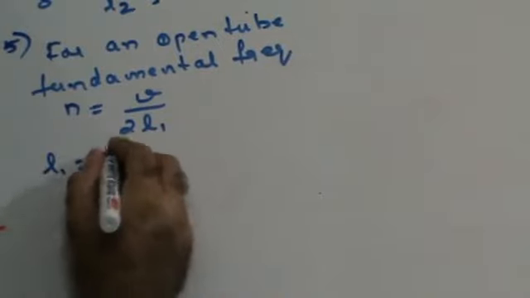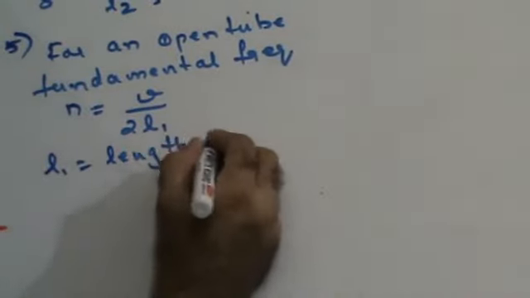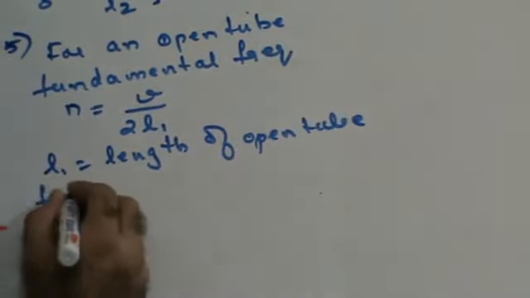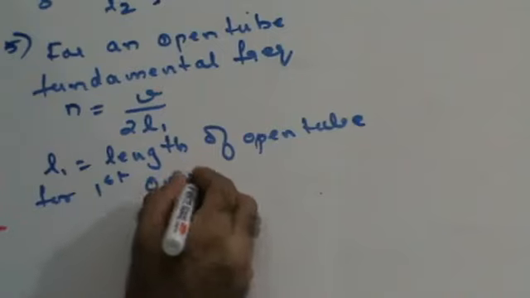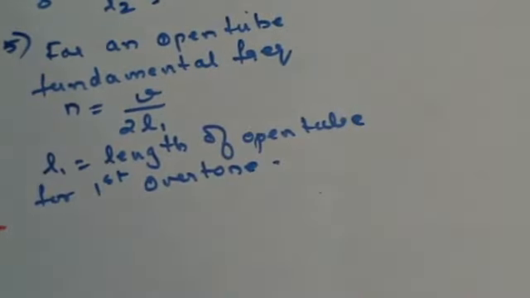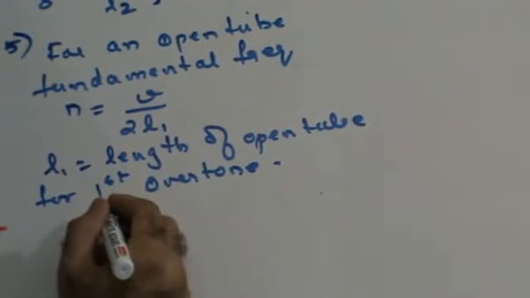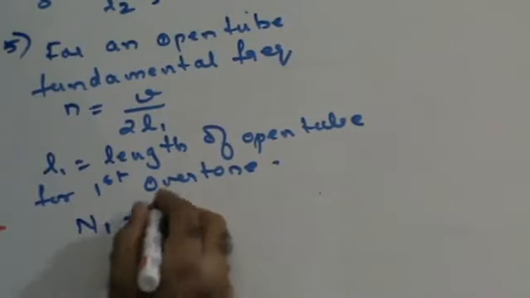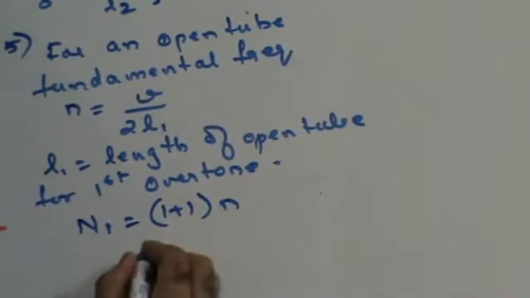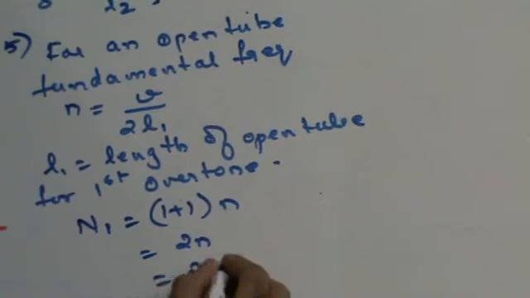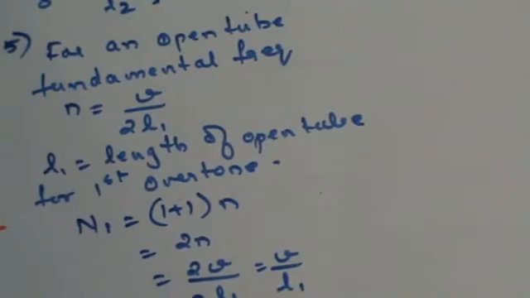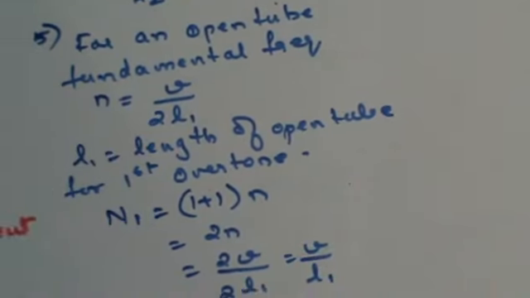Here L1 is the length of the open tube. For an open tube, the overtone is n plus 1. So for the first overtone, the frequency will be 1 plus 1 times the fundamental frequency, so 2N, that is 2V by 2L1, which is V by L1. That's going to be my frequency of the first overtone for an open tube.